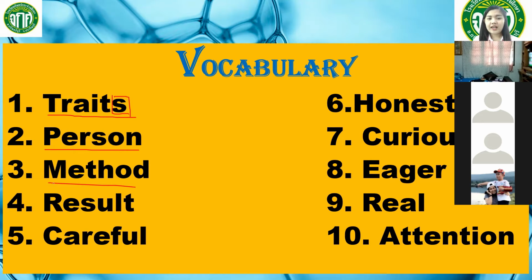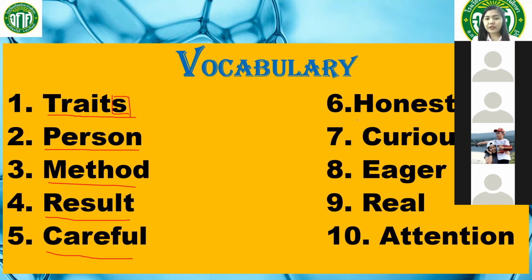Again, method. Okay. Number four, result. Number five, we have the word careful. Again, careful. Very good. Number six, honest.